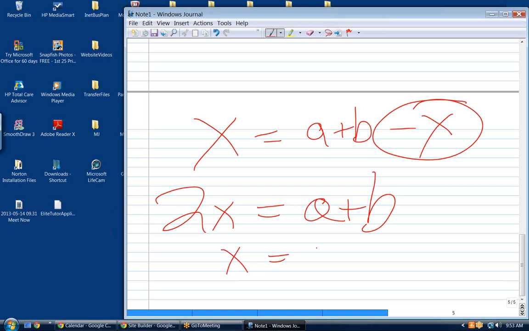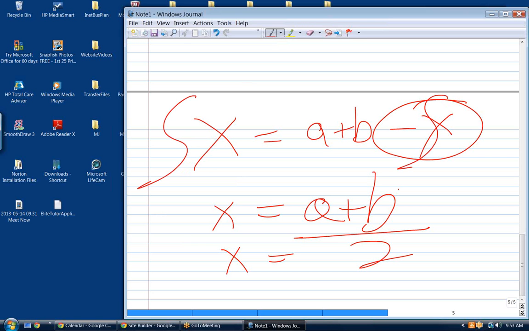So x equals a plus b divided by 2. And that's, in essence, what we're doing when we have integration by parts. Only instead of x, this left side is the integral of some function, and this was the integral of that same function. So it's perfectly legitimate to add an integral to both sides.